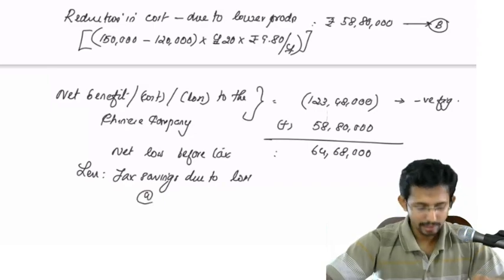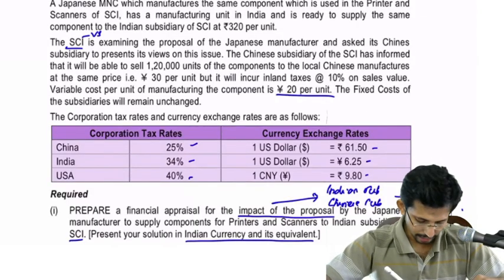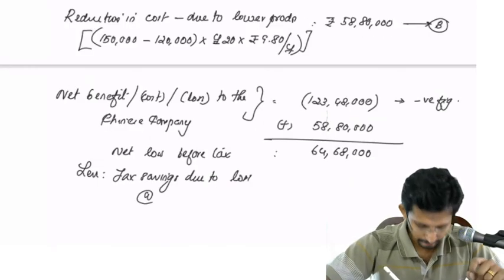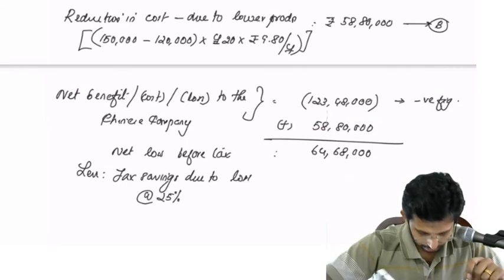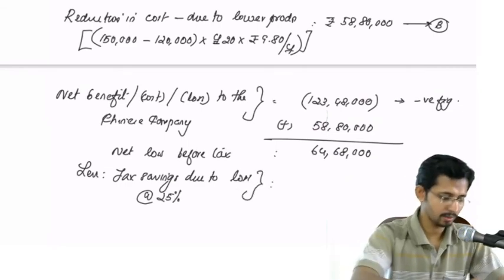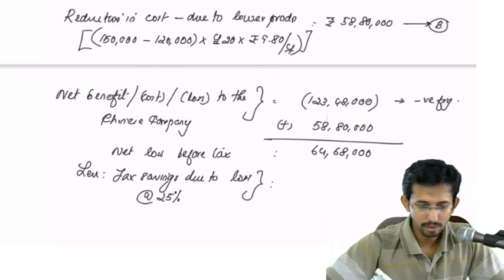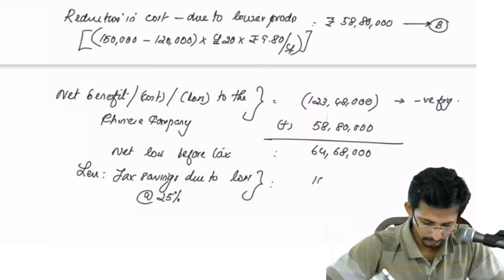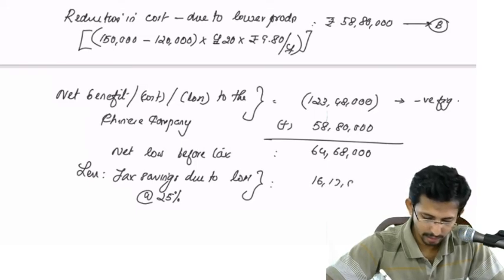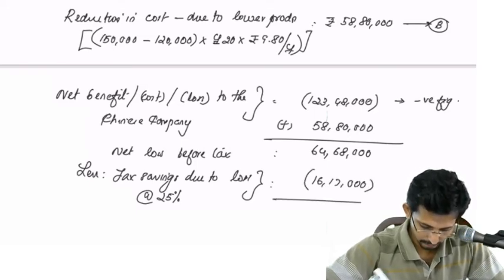And what is the tax savings in tax rate in China? China tax rate is 25%. So at the rate 25%, this will be 64,68,000 into 0.25, 16,17,000.